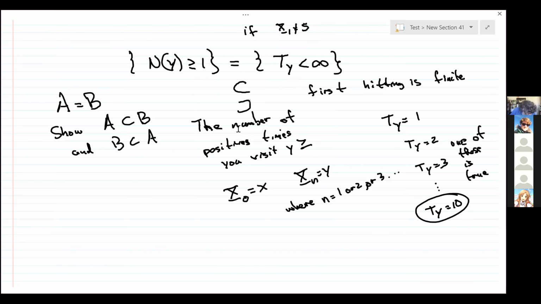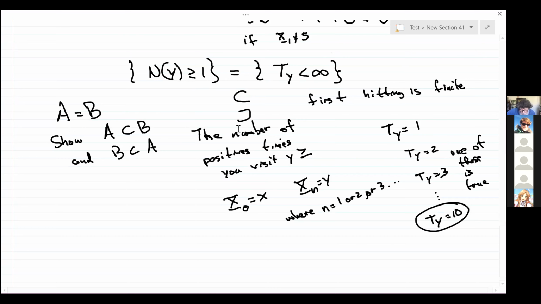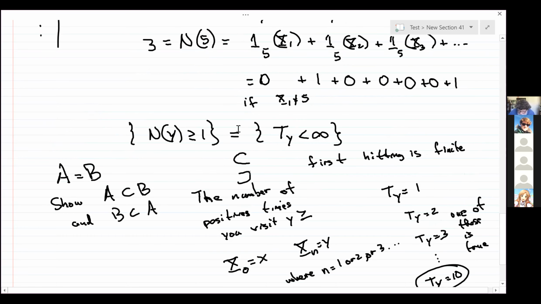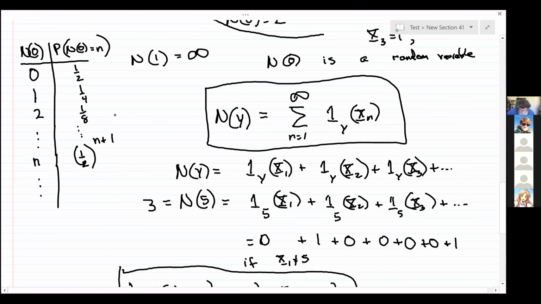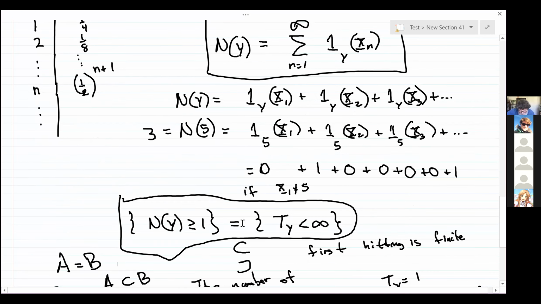Okay. So now let's put this with that. These are sort of proofs, but they turn out to be somewhat useful things too. So far I have two box equations. I have an expression for N_y in terms of indicator variables, and we have an expression relating this set to this guy.